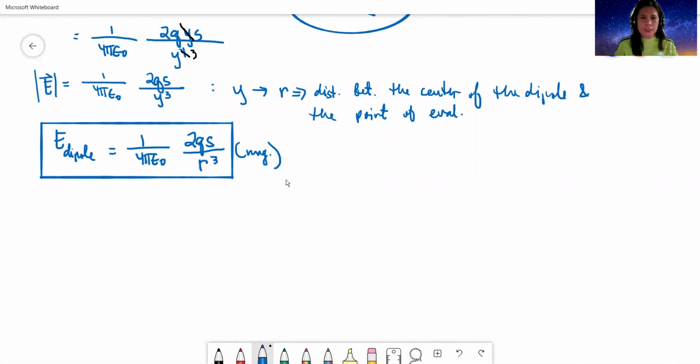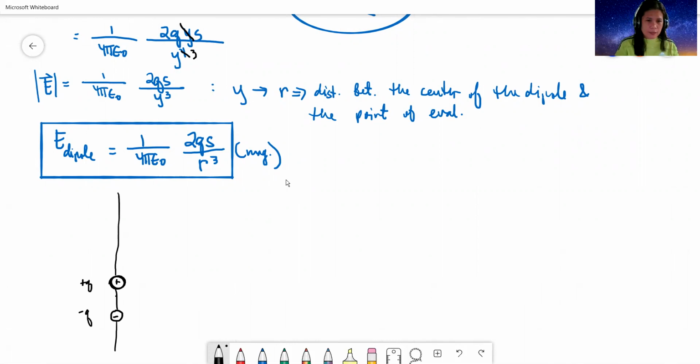It's very important: r is the distance between the center of the dipole and the point of evaluation. So if we have a dipole, this is my plus and this is my minus, positive q, negative q, along the axis.